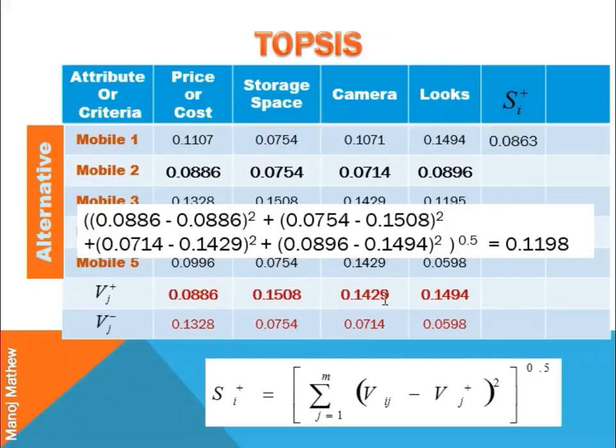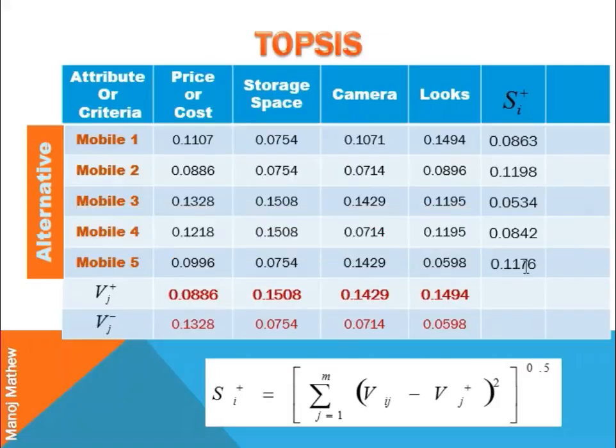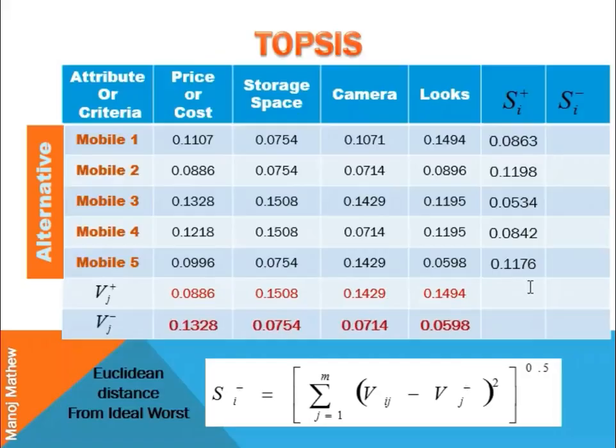Similarly, I have calculated for the second alternative, that is mobile 2. It comes out to be 0.1198. Similarly, we can calculate all the Euclidean distances from the ideal best. These are the values. Next, we calculate the Euclidean distance from the ideal worst.